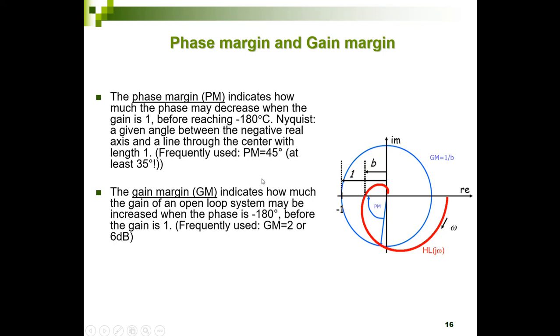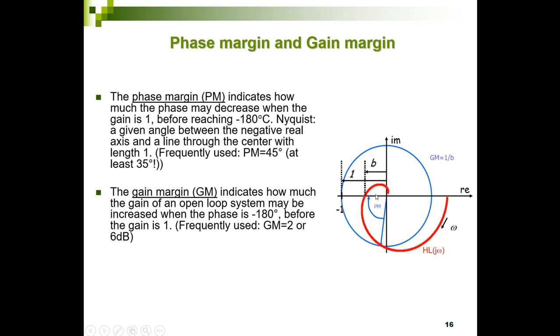Then let's look at the gain margin. The gain margin indicates how much the gain of an open loop system may be increased when the phase is minus 180 degrees before the gain is equal to 1. So in this situation, we look to the Nyquist curve over here, and we look to the frequency here where my phase is minus 180 degrees.